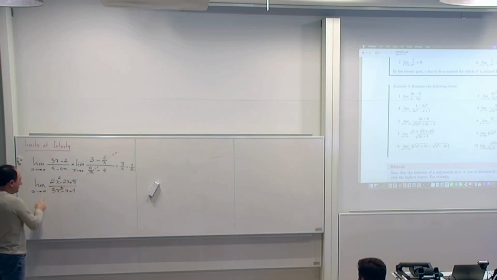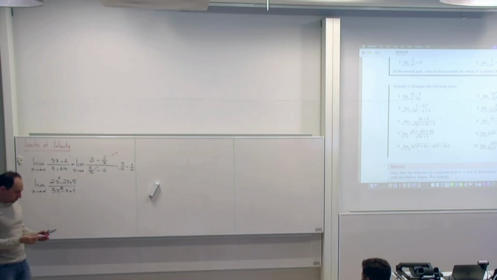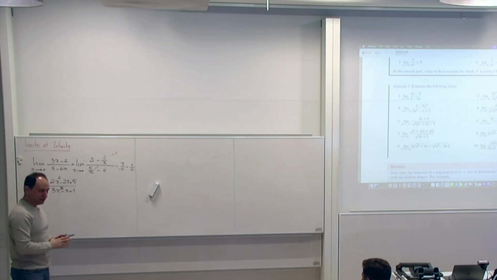Let us say that x is 1000. This is of order of 1000, but this will be of order of million. So if x is very large, you can ignore this. So in principle, you can ignore everything except 2x squared in the numerator, and you can ignore everything except 3x cubed in the denominator. But this is the intuition. This is not the way that you write in the exam and get points. You have to be a little bit more careful.